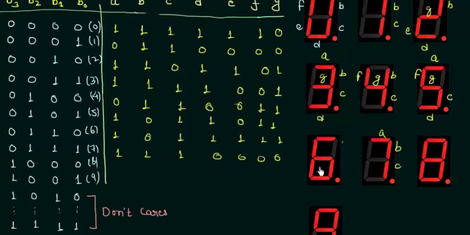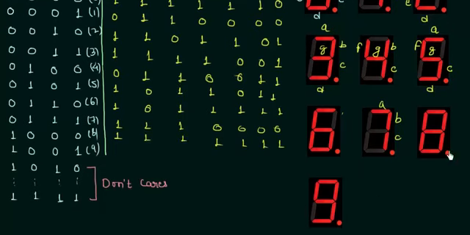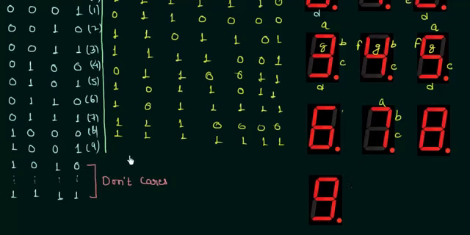For 8, definitely every segment is high. And for 9, only this segment, which is our E, is low and every other segment is high. So A, B, C, D are high, E is low, F, G are high.